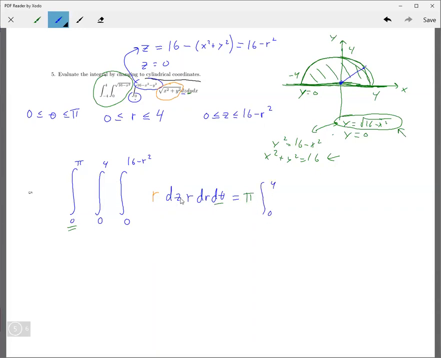There are no z's here, so you're just going to get 16 minus r squared minus 0, which is just 16 minus r squared. And here, these are r squared, so r squared times 16 minus r squared dr. That's 16r squared minus r to the 4th.